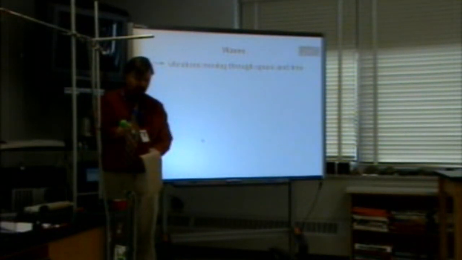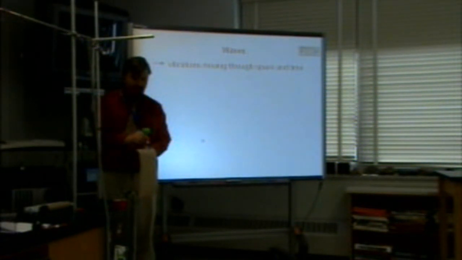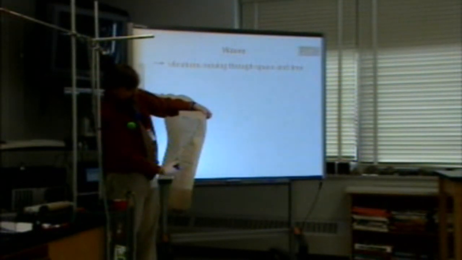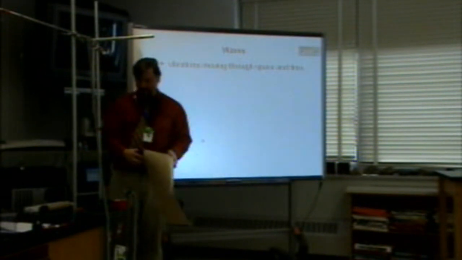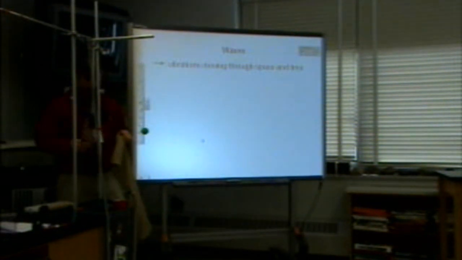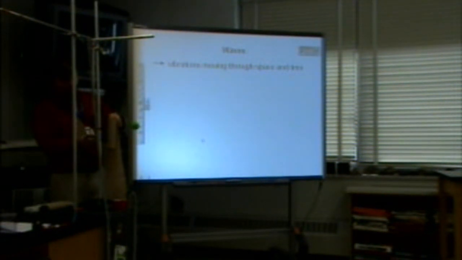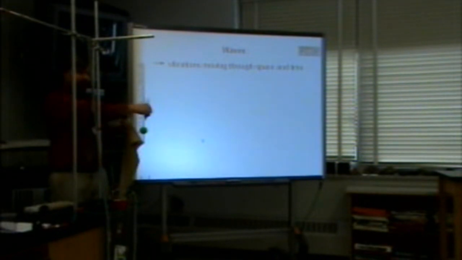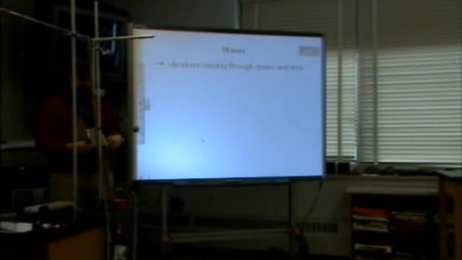The faster or slower you move the paper while this goes back and forth, you get a nice curve. It's the same motion here. This is up and down, and if I start moving the paper and keep my marker on a good spot, you'll get this curve as you draw it out.